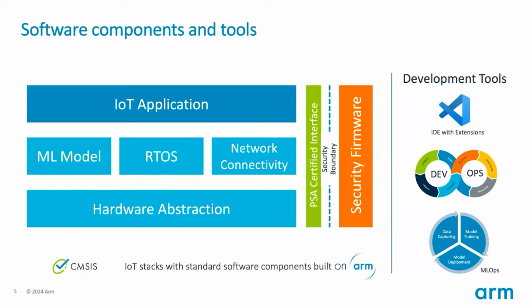So how does that all work together in a typical application? Software standards and standardized development tool platforms reduce the overall product cost and improve quality. And so the IoT application usually sits on top of an RTOS that is using some network connectivity to talk to the cloud. An ML model might help in doing a specific task, so some kind of endpoint application.